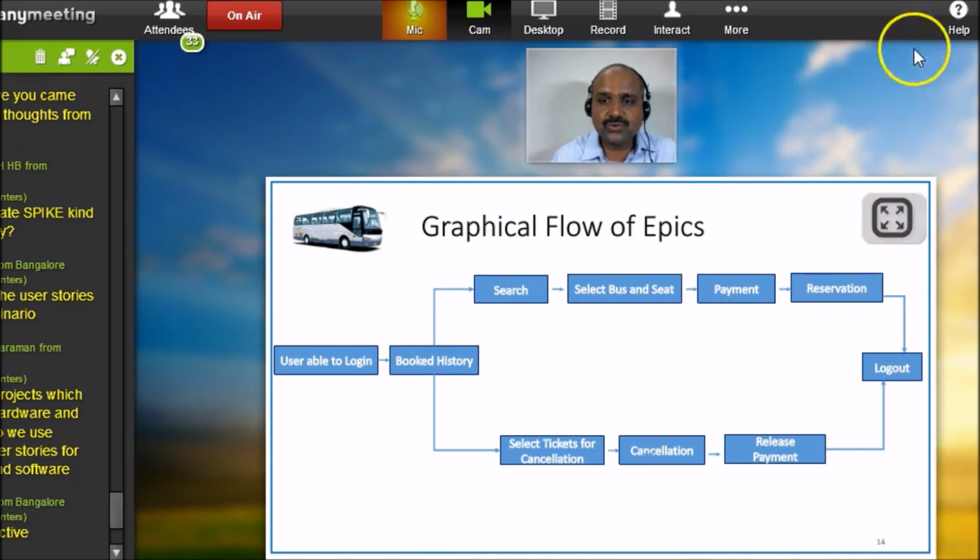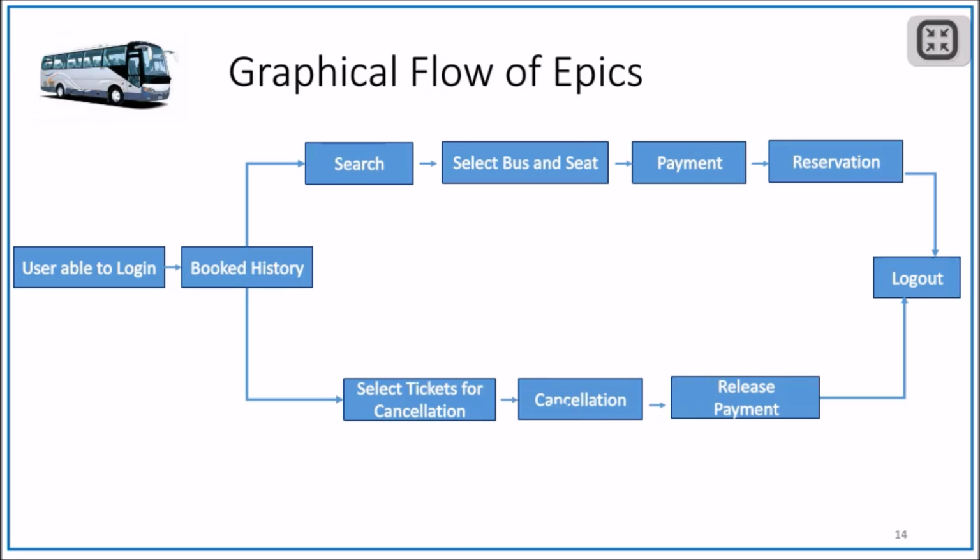First, I request you, whenever you are asked to write user stories, to first make sure that you understand the overall flow of how the system is working. Okay, so for example, in our bus reservation portal, the user is able to log in, that's the first thing.